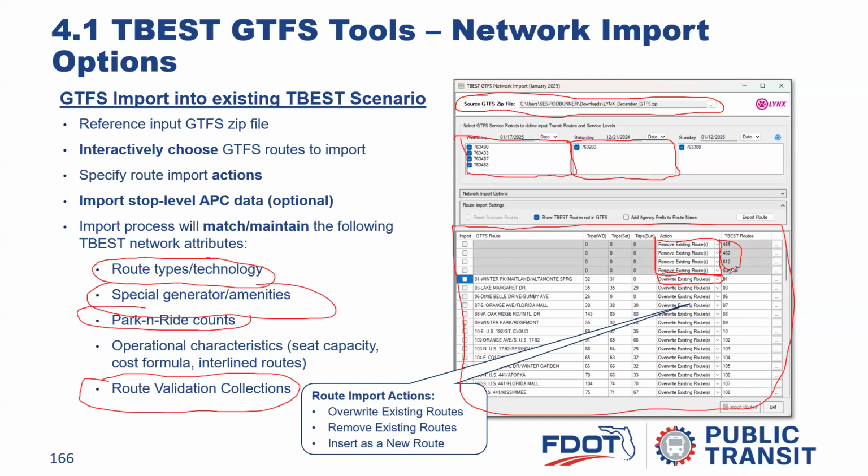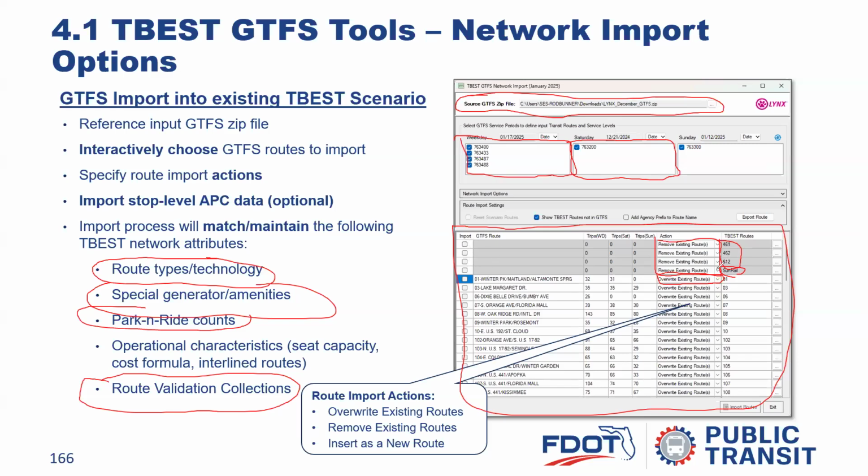Now, what you see here too, this is interesting that there is Sunrail, right? So really Sunrail doesn't count here because Sunrail isn't in this GTFS anyway. So this one we may want to not check to remove, right? Because each one of these we can either check or uncheck to do that action.